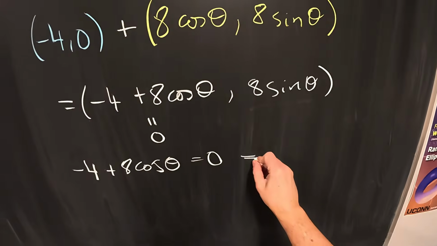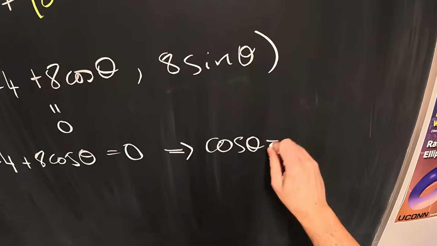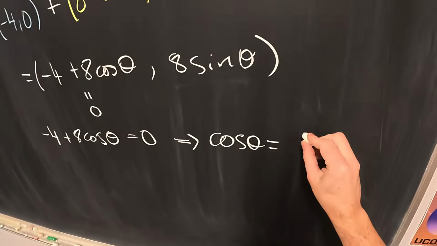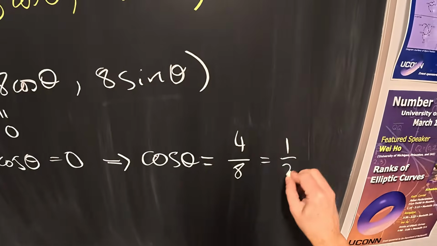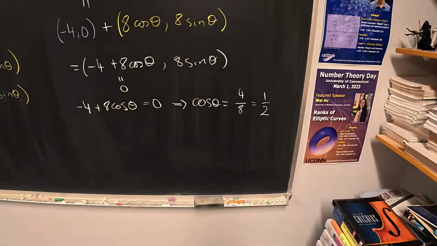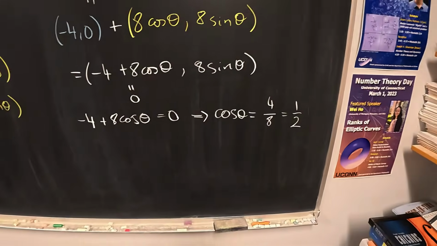And that implies that cosine theta will be 4 divided by 8, which is a half. And what angle has a cosine of a half? That is 60 degrees, or pi over 3.